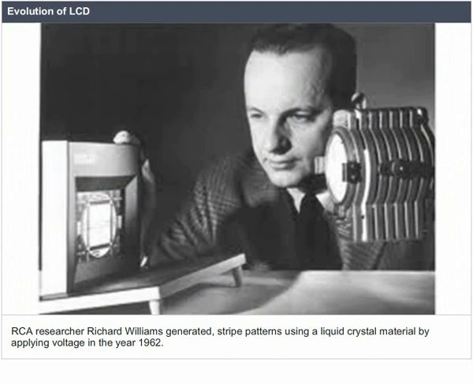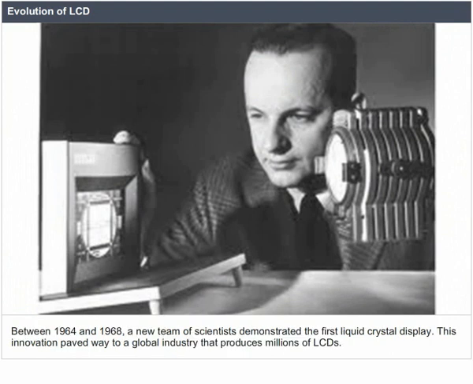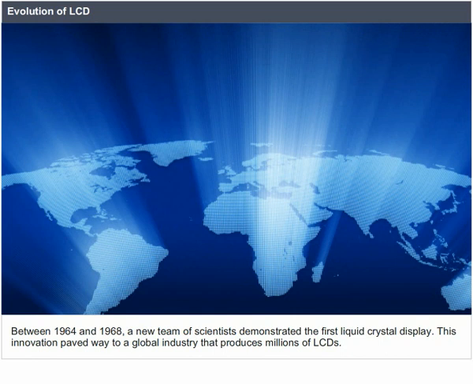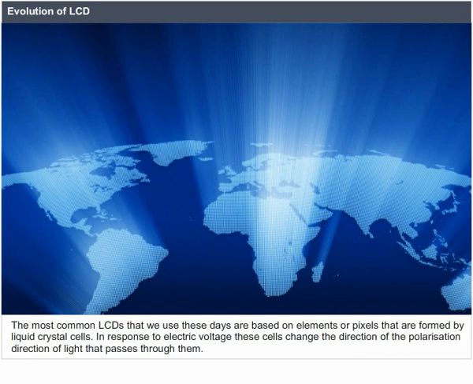Between 1964 and 1968, a new team of scientists demonstrated the first liquid crystal display. This innovation paved the way to a global industry that produces millions of LCDs. The most common LCDs that we use these days are based on elements or pixels that are formed by liquid crystal cells. In response to electric voltage, these cells change the direction of the polarization of the light that passes through them.